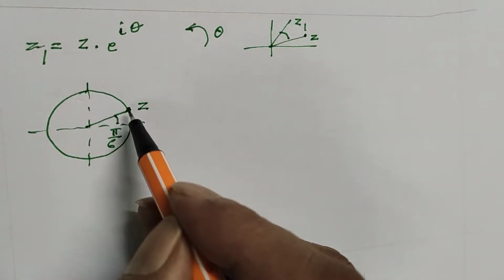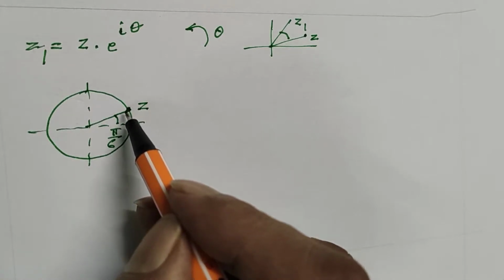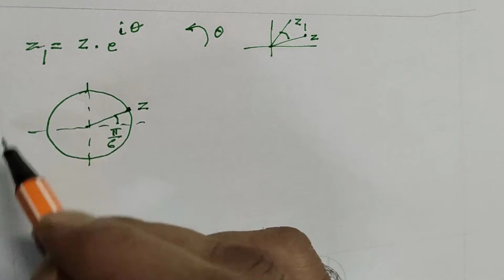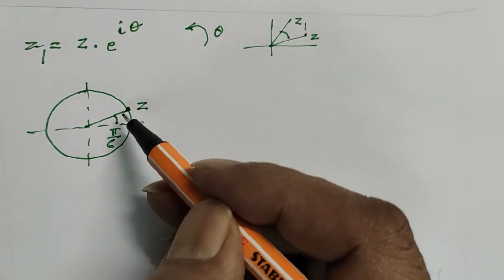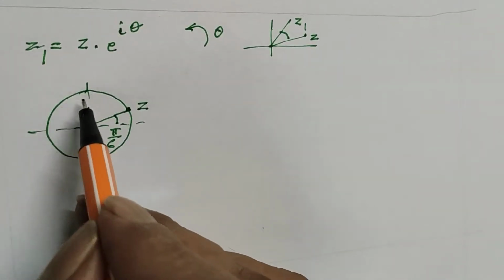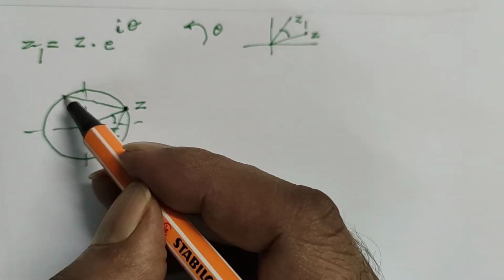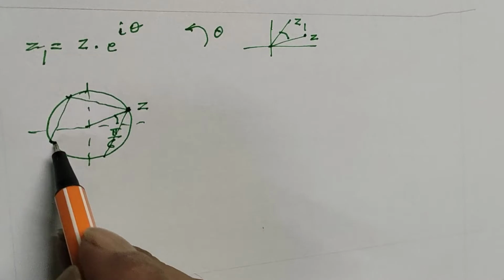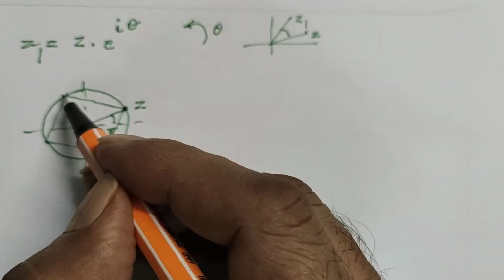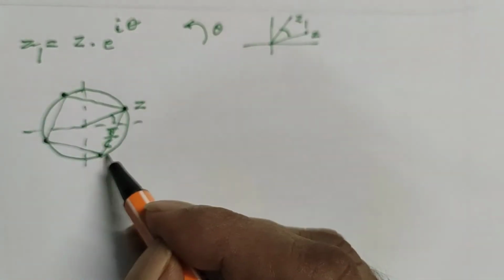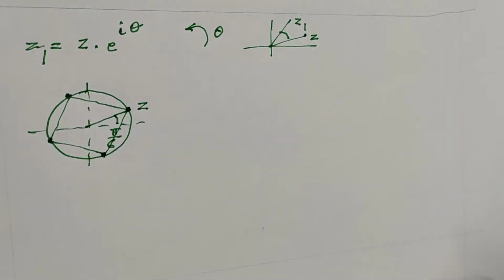Let z be the vertex of a square drawn on the circle. Let's say this is a square. Can we find the other 3 points? It turns out that it is very easy to do.